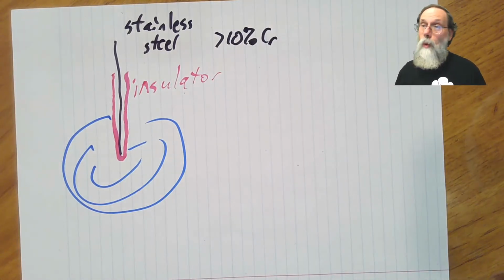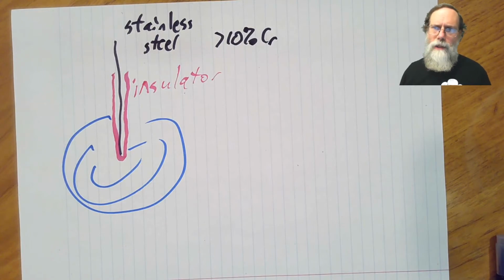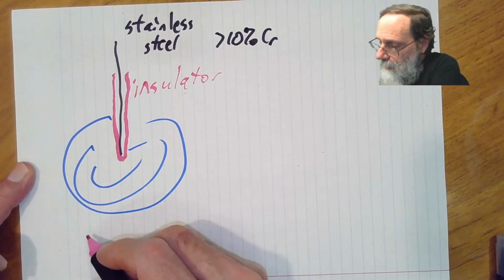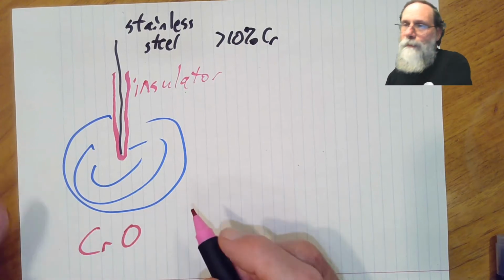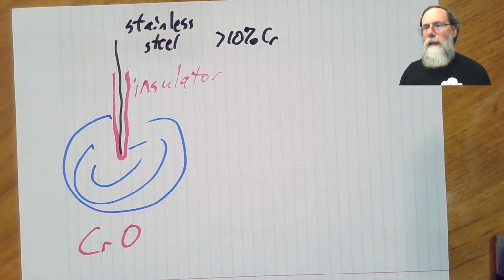And why is it stainless? Because when we try to oxidize this steel, instead of getting rust, iron oxides of various sorts, what we get is chromium oxide. The chromium oxide binds tightly to the steel and is not soluble. It doesn't flake off the way iron oxides do, the way rust does.